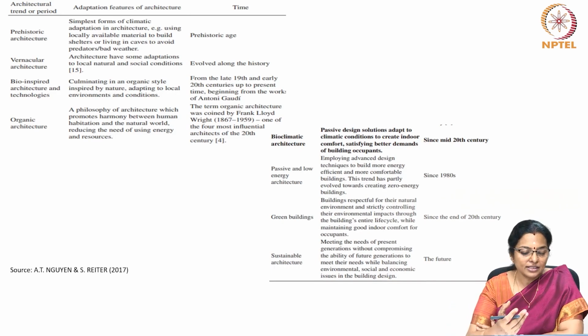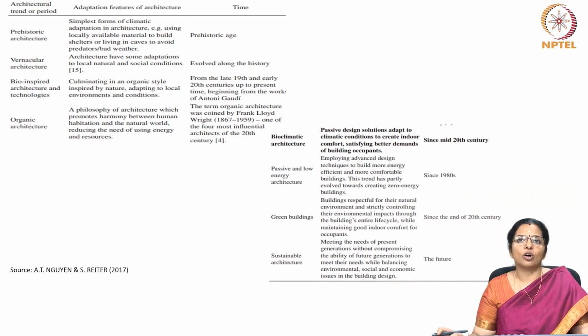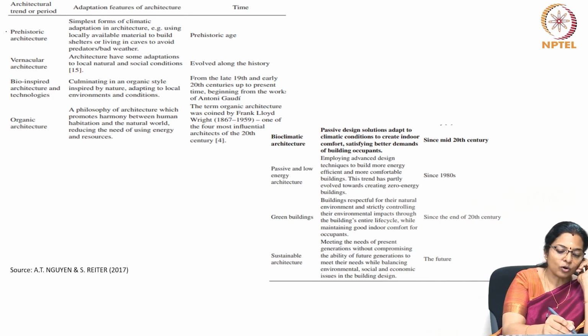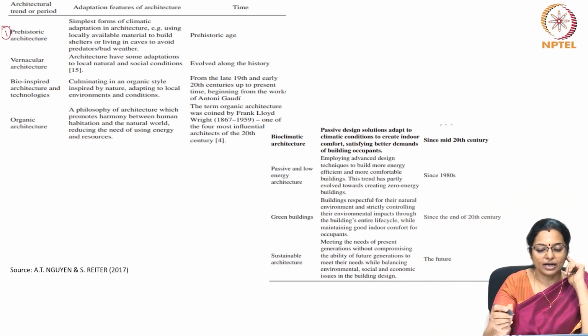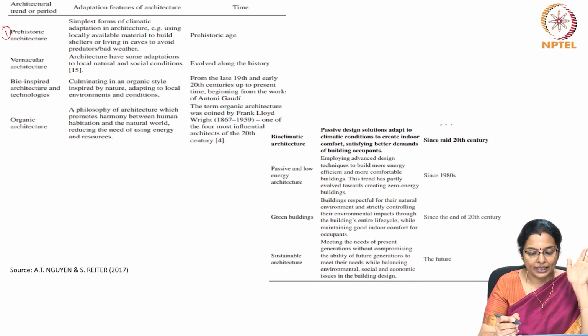Now, let us look briefly at the history of how this bio-inspired architecture came, because there are so many terminologies that we come across today. So first, what was there is prehistoric architecture. Now, this was the simplest form of climate adaptation in architecture, where the prehistoric occupant just wanted a shelter to protect himself from the climate.